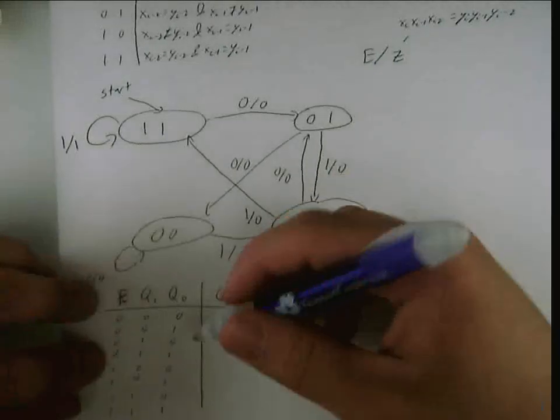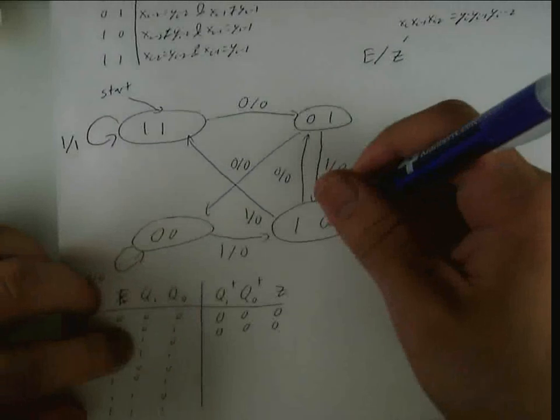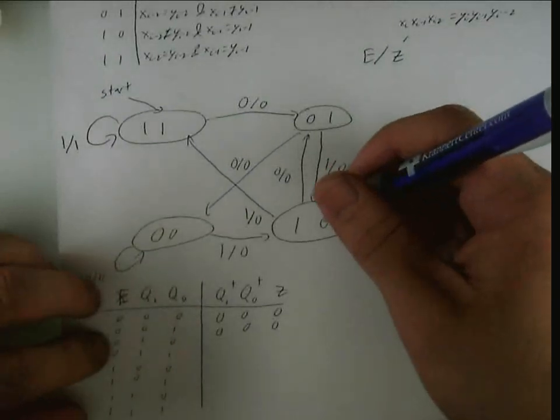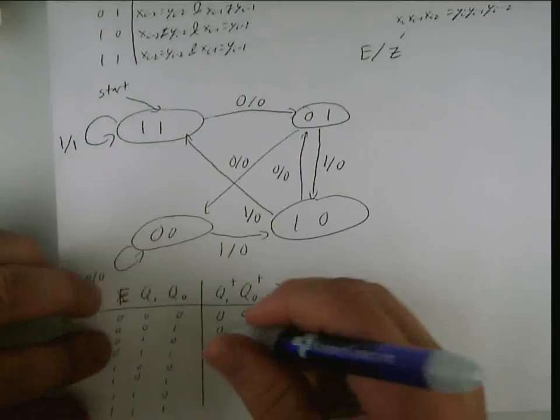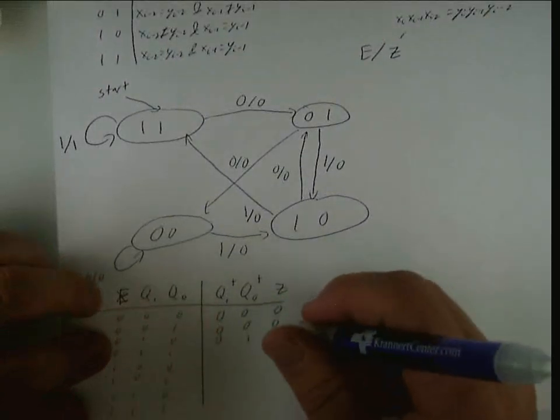And now I'm in state 1, 0, and I've got an input of 0. So that is going to go to 0, 1. And my output is going to be 0.